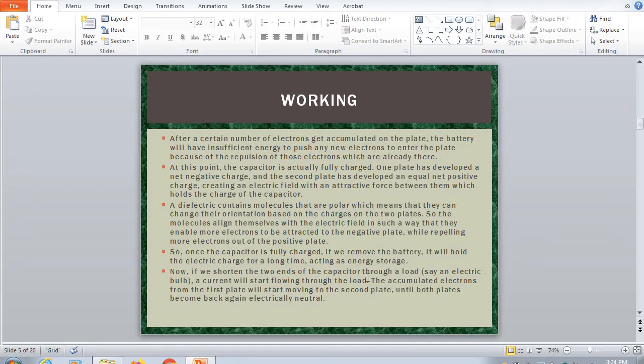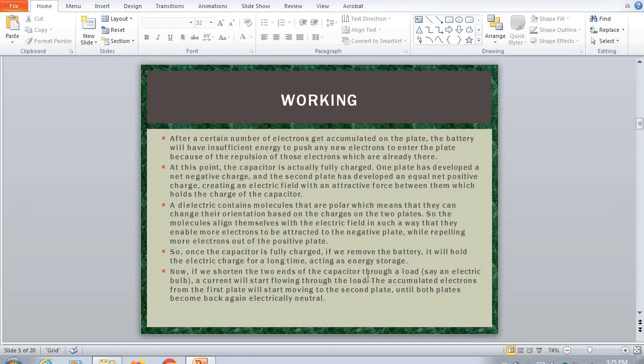One plate has developed a net negative charge and the second plate has developed an equal net positive charge, creating an electric field with an attractive force between them which holds the charge of the capacitor. A dielectric contains molecules that are polar in nature, which means that they can change their orientation based on the charges on the two plates.